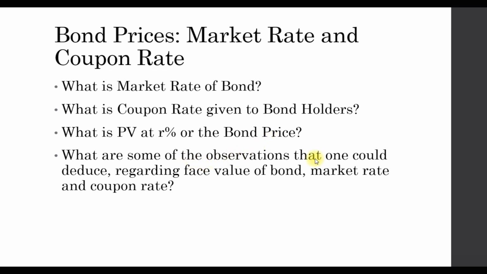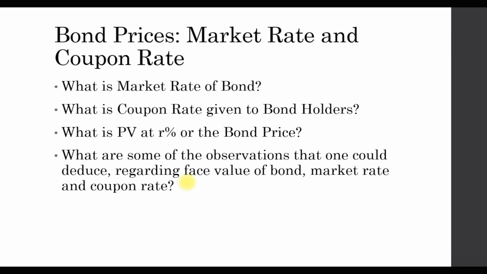Now what are some of the observations that one could deduce regarding face value of bond, market rate and coupon rate? Let us consider the case where the market rate has become 10%. Market rate changes, it can fluctuate, but present value may remain constant for a bond with a certain tenure.